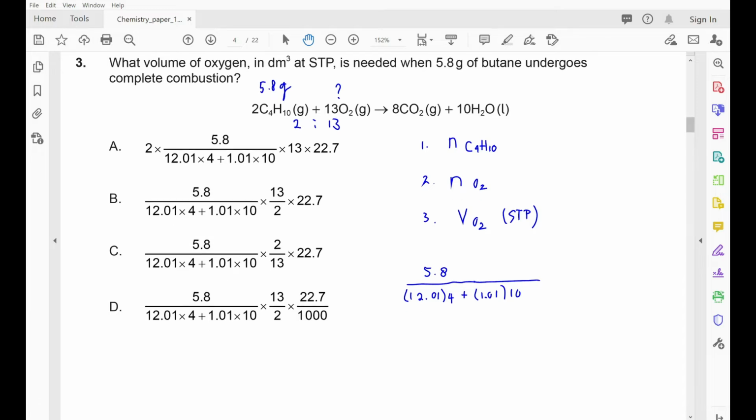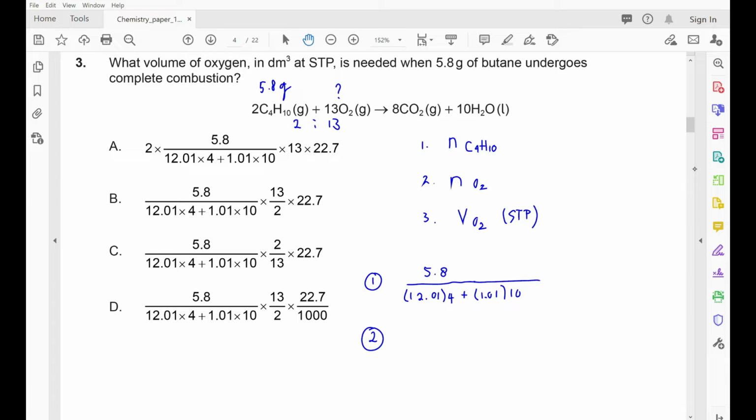So mole of butane is the mass of butane, 5.8 gram, divided by the molar mass of butane. So this is number 1. And number 2, the molar ratio between butane and oxygen is 2:13.